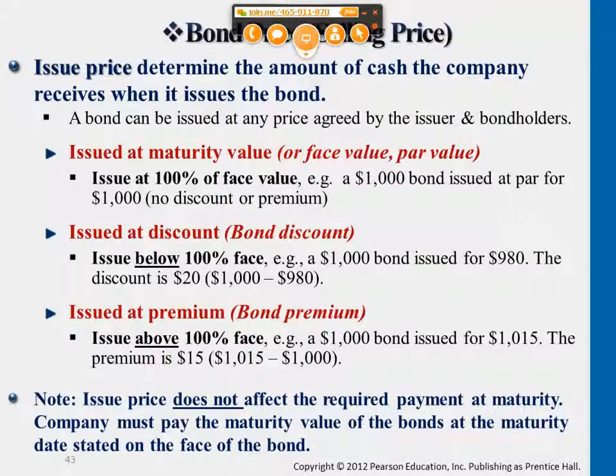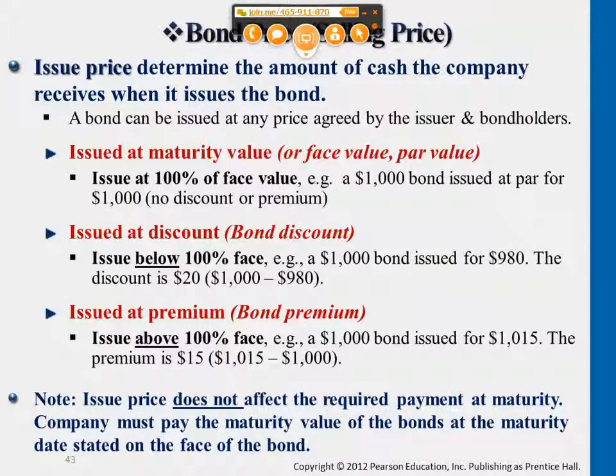Okay, now issued at a premium is the opposite of discount. Issued at a premium: if the interest rate your company is able to offer to the public is, let's say, 8%, and the public is anticipating only 6% interest, obviously your company is offering something very attractive. Your bond, in terms of creditors, if they want to invest money, they're getting more back if they lend money to your company compared to lending to other companies.